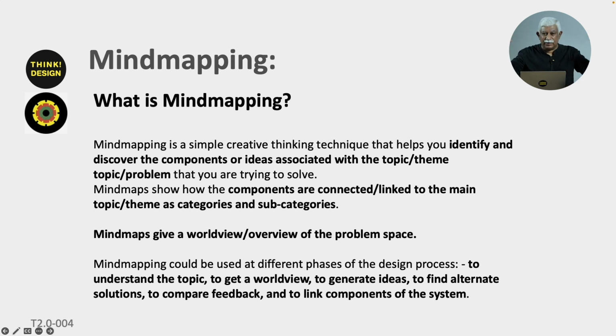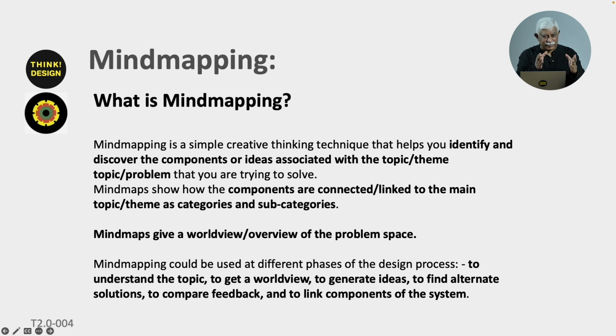You can look at it almost like the worldview or the overview of your problem space. You get an overall understanding of the different parts of the system and how they are connected to each other. It's a very simple way to do mind mapping before you start your secondary research or while doing the secondary research, so it gives you a picture of the topic that you're trying to solve.